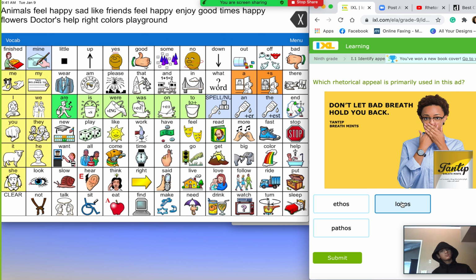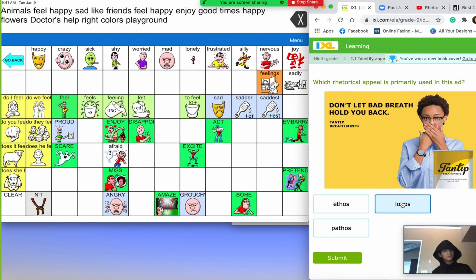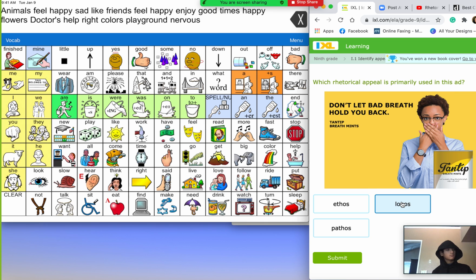So, bad breath. Don't let bad breath hold you back. And this is like some sort of breath mint. What kind of feeling do you think she's feeling? Yeah, she kind of looks nervous, right?